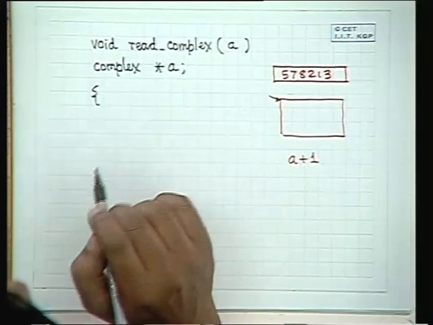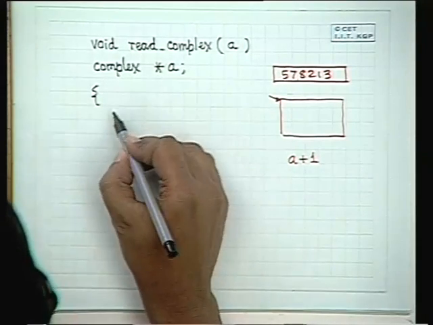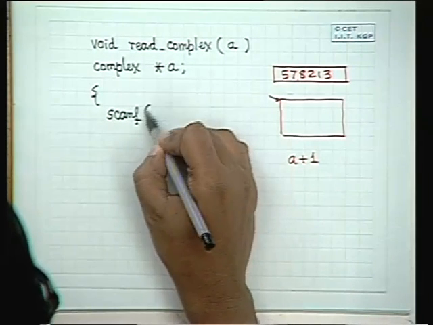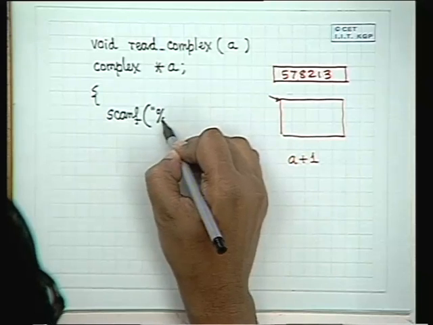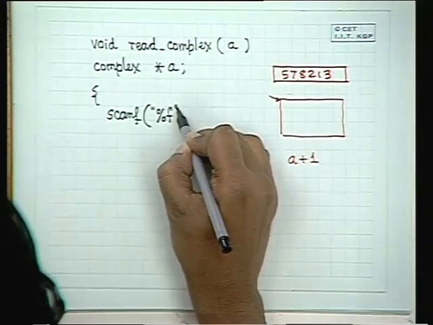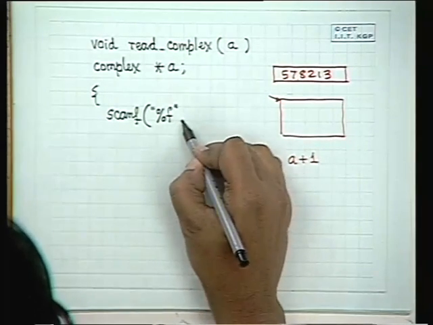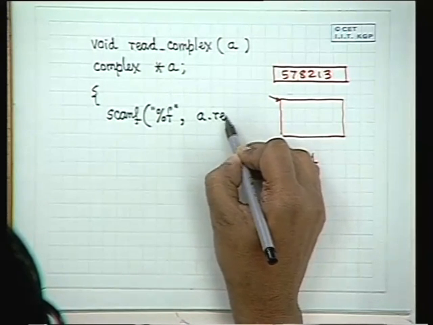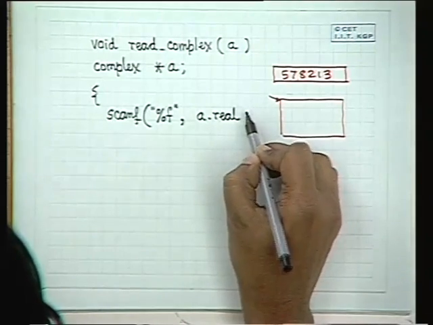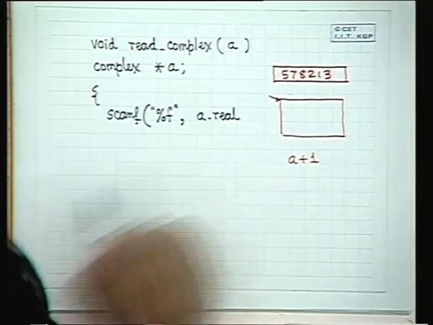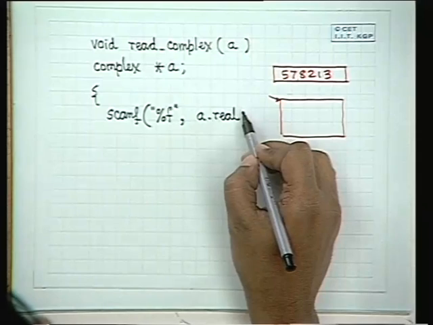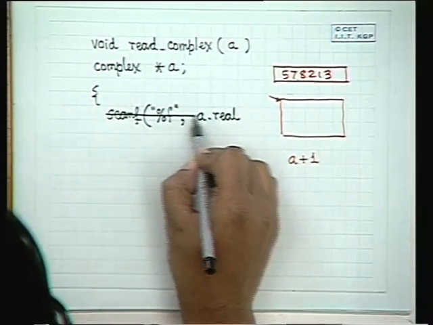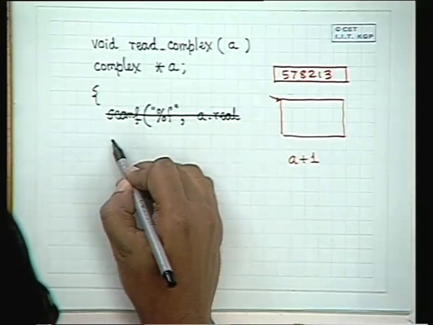Now we have to read in two numbers. Scanf, let us read in the first one. In our normal mode, we would read like this: A dot real, with percentage D if we define it to be integer.